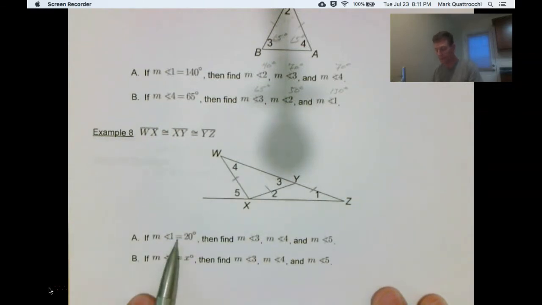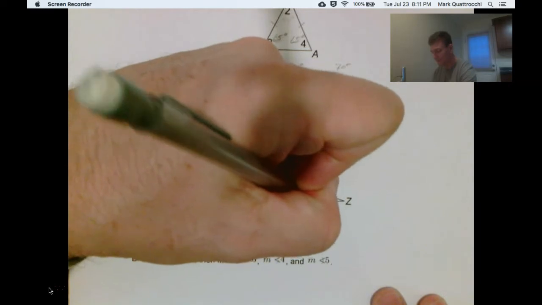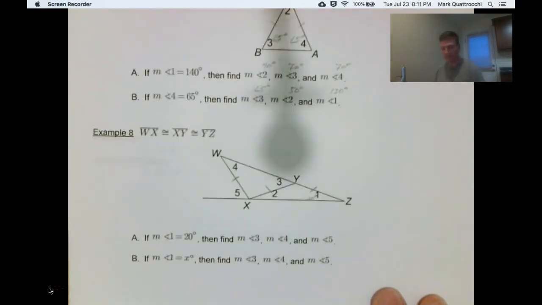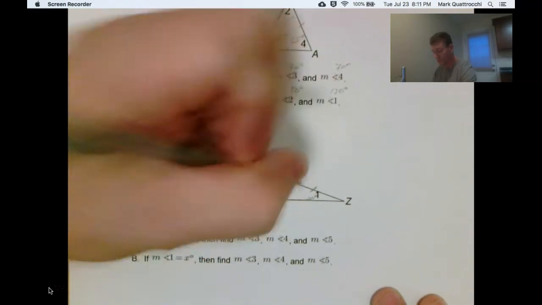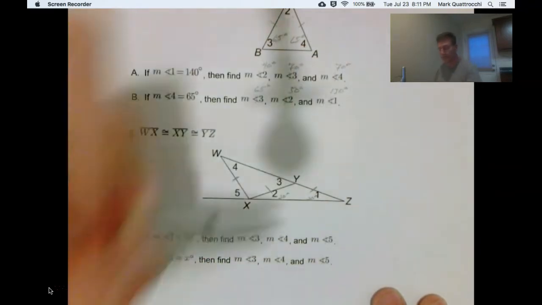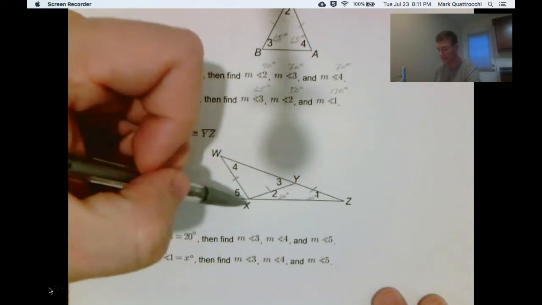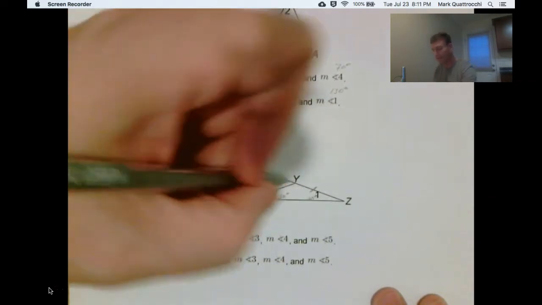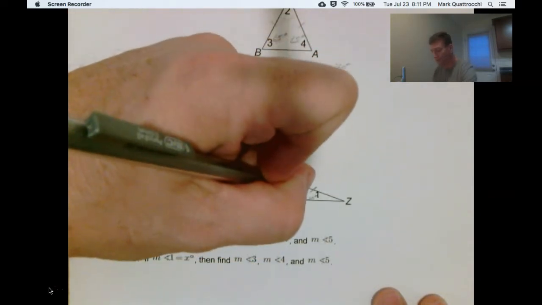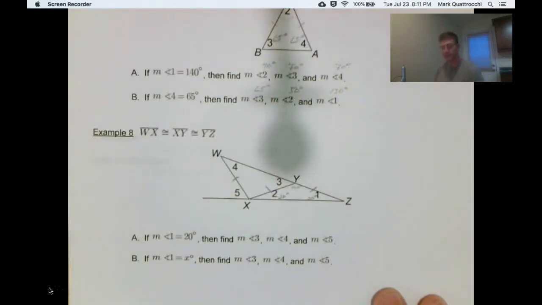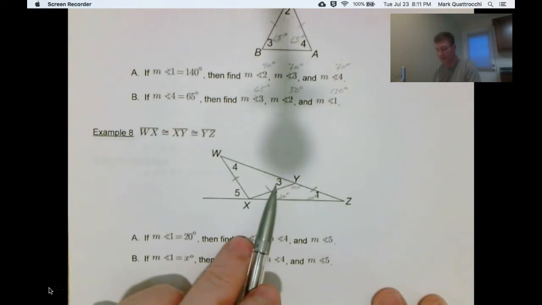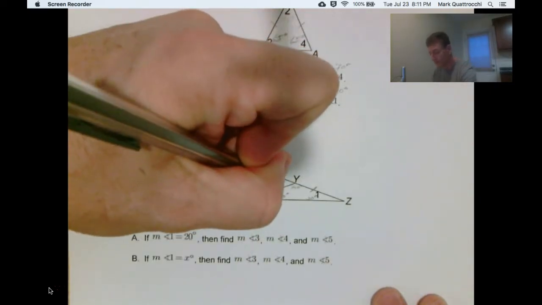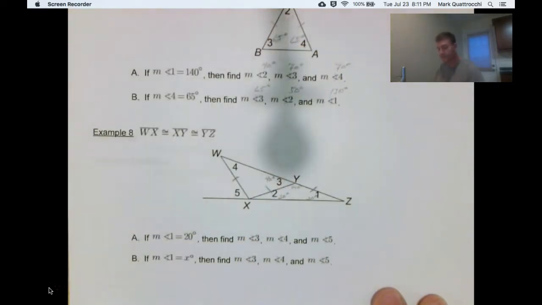Okay, if angle 1 is 20 degrees, then angle 2 is 20 degrees. That makes this unnamed angle, angle XYZ, 140 degrees. If this is 140 degrees, then this angle here is 40 degrees.